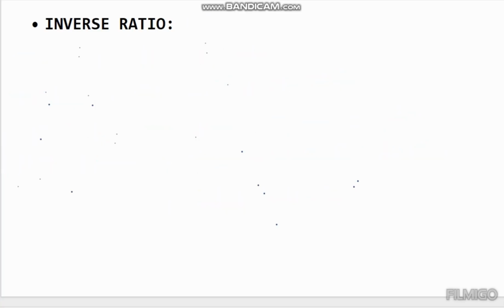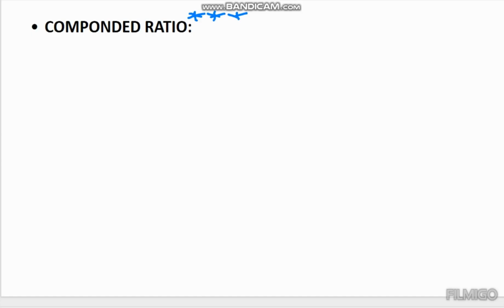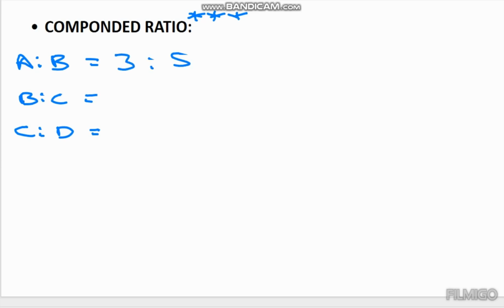So let us go. Another important topic in ratios is compounded ratio. The compound ratio can be represented as A is to B, B is to C, C is to D, equal to 3 is to 5, 5 is to 7, 7 is to 9.